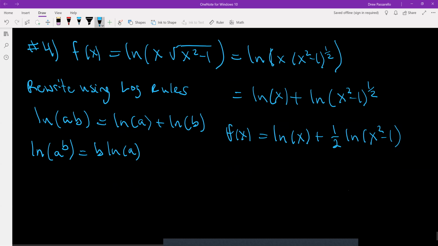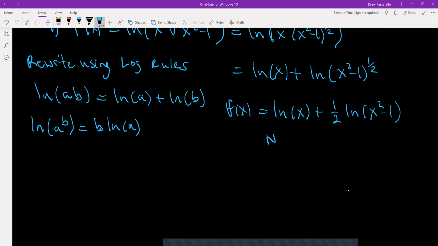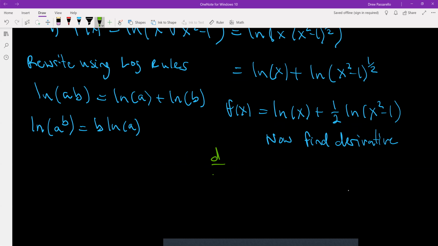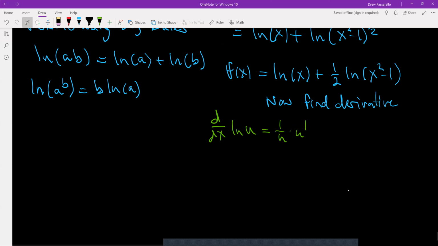And now I'm going to find the derivative. Now, if you take the derivative of ln x, that just becomes 1 over x, because the derivative of x is 1, so that'd be 1 over x times 1, which is 1 over x.